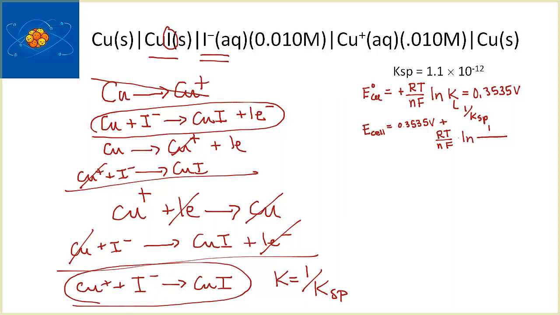So it's just going to be 1 over the concentration of the copper times the concentration of the iodide.